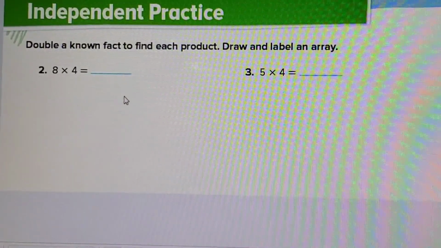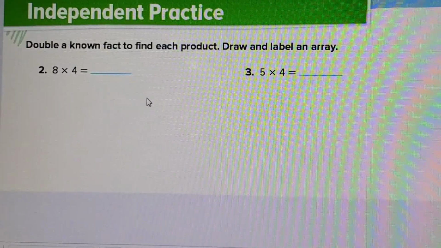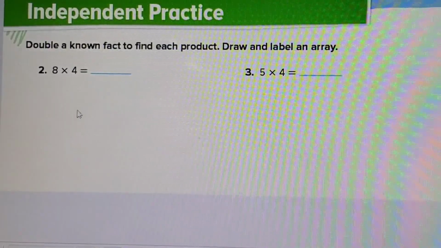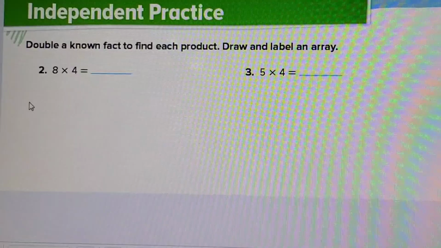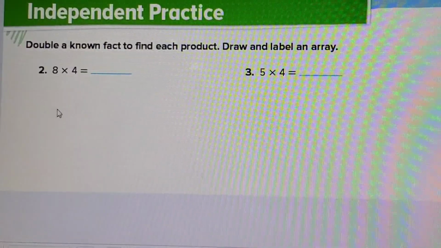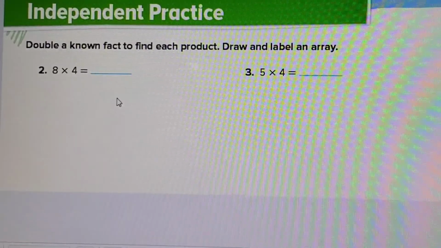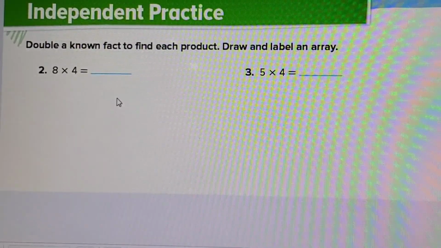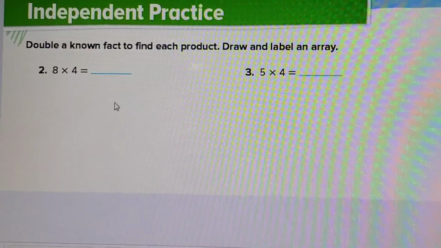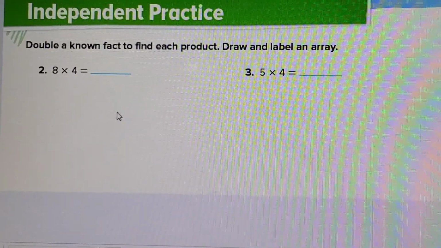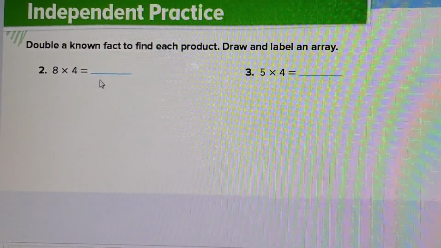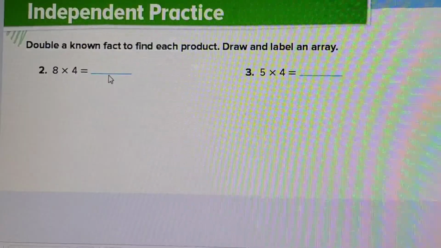And next to it, you'll write 4 times 4 equals 16. You'll draw another array of 4 rows of 4 and write another multiplication sentence, 4 times 4 equals 16. 16 plus 16 equals 32. So 8 times 4 equals 32.